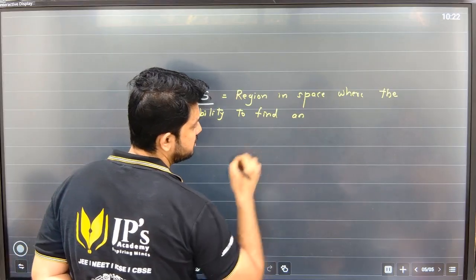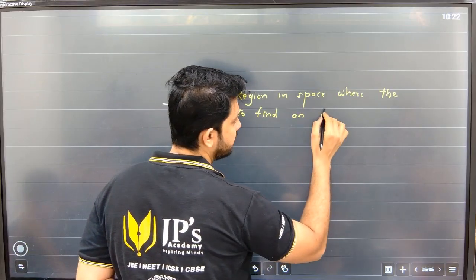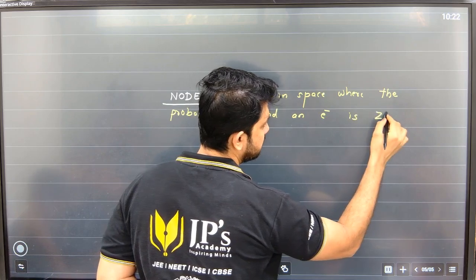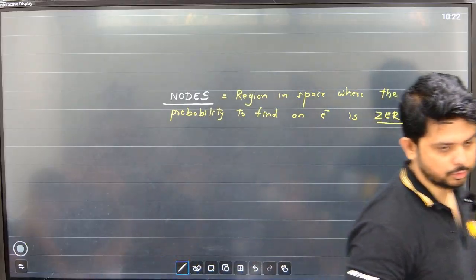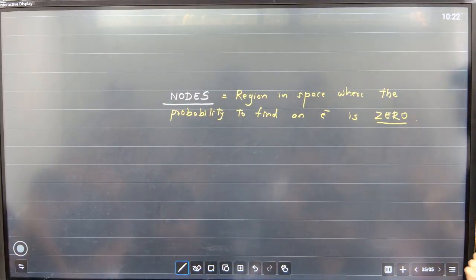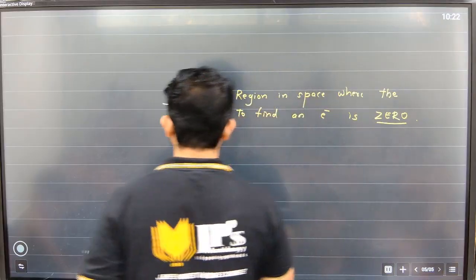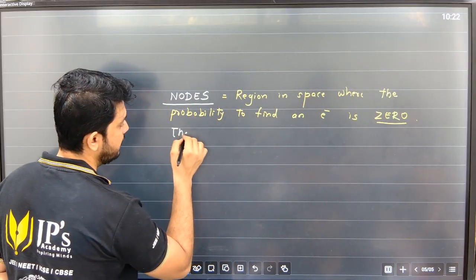I repeat, it's the region in space where the probability to find an electron is 0. Nodes are also called anti-orbitals.